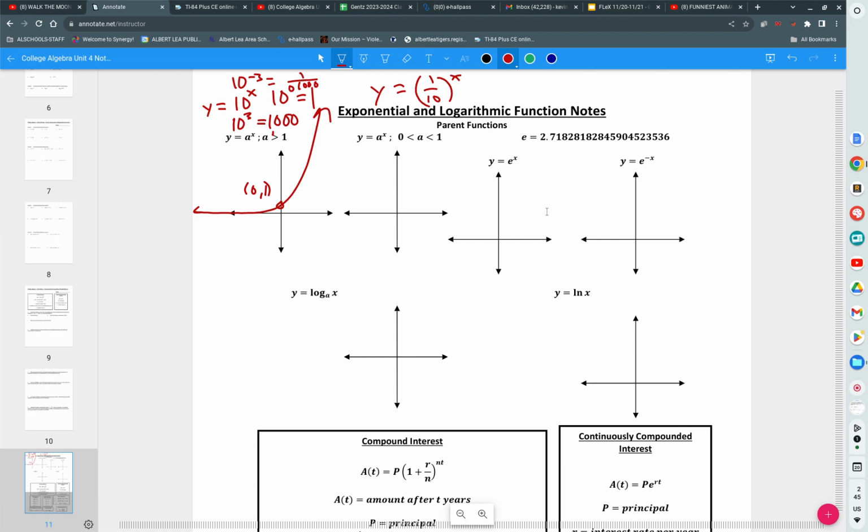So this one is going to start large, and then it's going to get small. But notice that it is never going to cross the x-axis. It always stays above. You don't actually get negative values for the output. You just get very small numbers for the output. So that's the parent function for an exponential function.